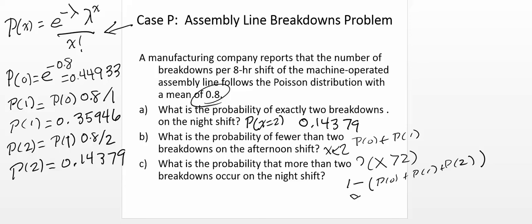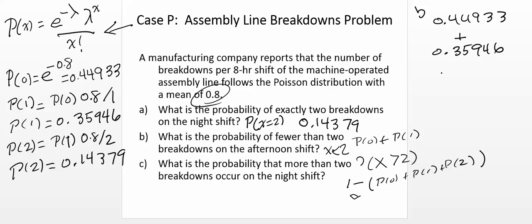Now to get the answer for part B, we need 0.44933, the probability that x is equal to 0, plus the probability that x is equal to 1, 0.35946.